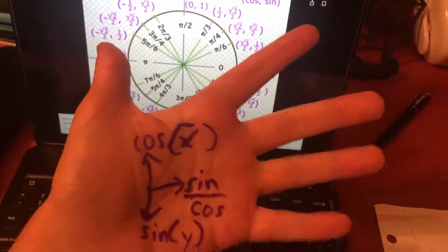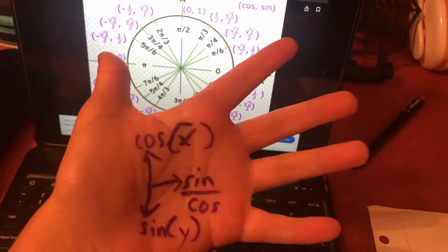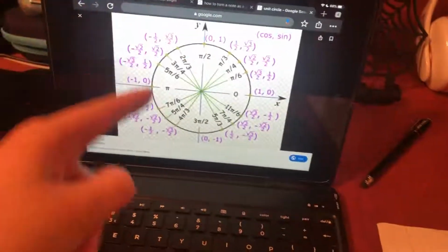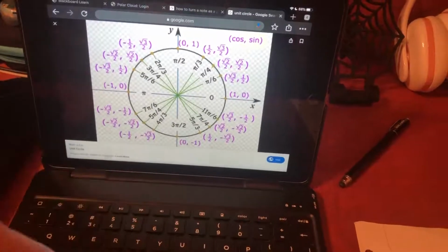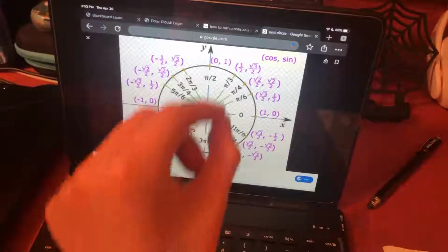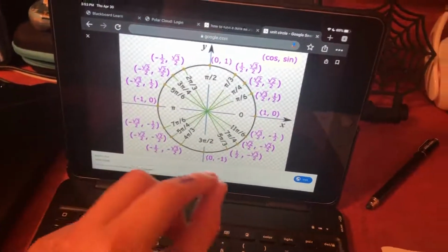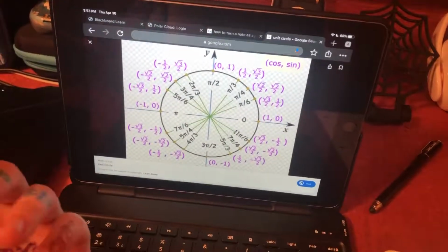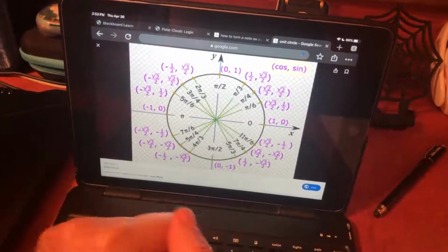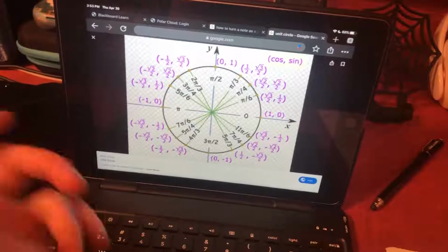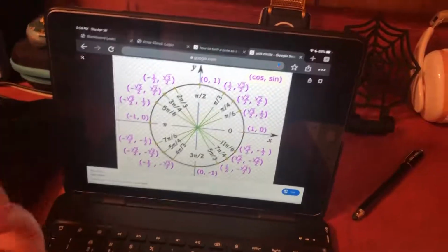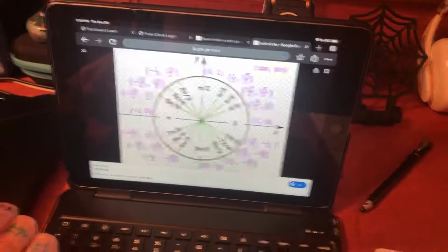Once you understand all of that, it's pretty nice because this is actually the foundation for the rest of the unit circle. Ta-da! You just have to remember what quadrant you're in to make sure that you know which one's positive and which one's negative. Just in your head, think about whether the x is going to be negative, the y is going to be negative, both of them are negative, or none of them are negative.